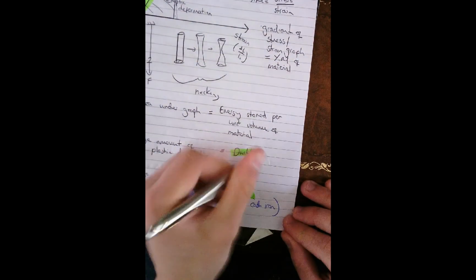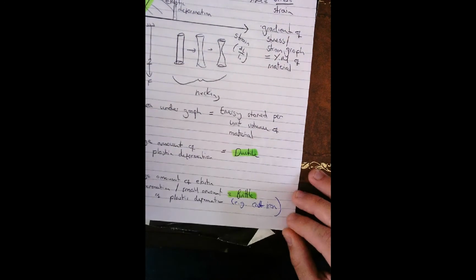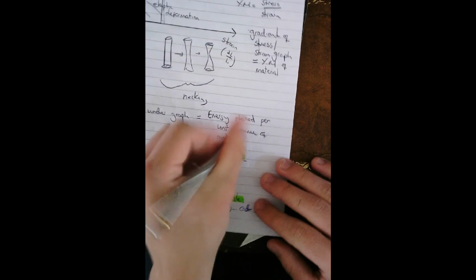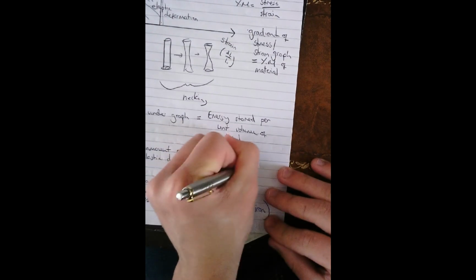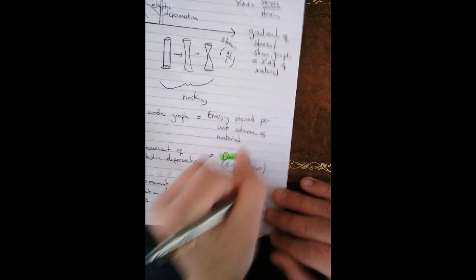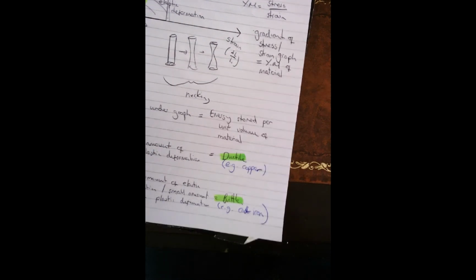One of the reasons why, for example, we can't make a bike out of cast iron is because it would go over a bump and it would almost certainly crack. A ductile material, the best example of a ductile metal would be something like copper. And that's why copper is one of the reasons, other than it being a good conductor, that it's used to make electricity cables, is because it's easily drawn into wires.